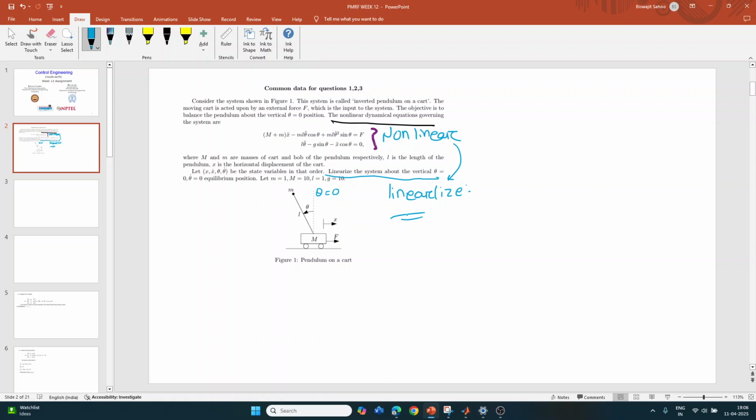You can also write along with me. The first equation is (M plus m) x double dot. Here x is a state variable, the displacement.